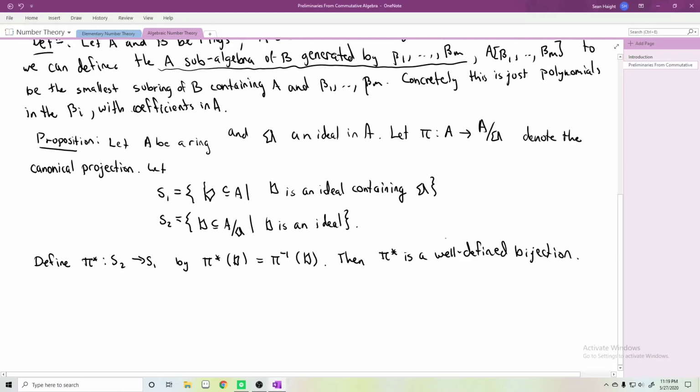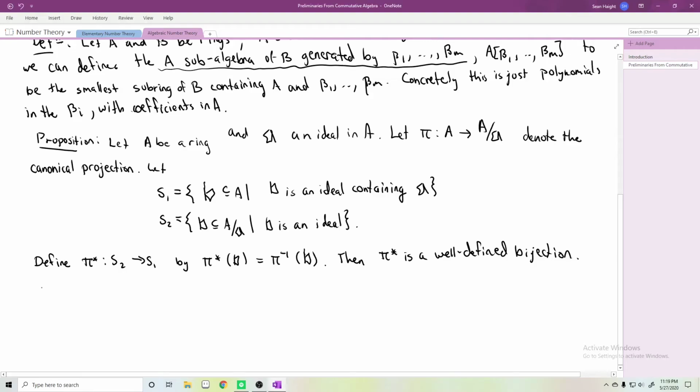If you're being careful, you should check that pi inverse of an ideal is again an ideal. That's really what I mean when I say well-defined here. And the bijection property, hopefully at this point we know what bijections are. So I'm not going to prove this proposition. This is really just an exercise in ring theory, and is more here as a reminder rather than an important result.